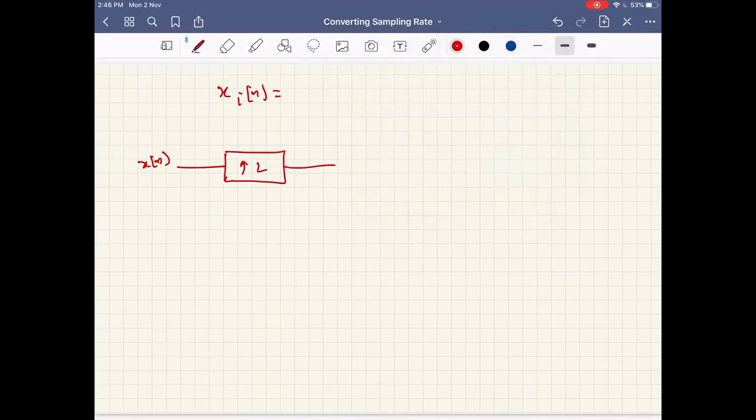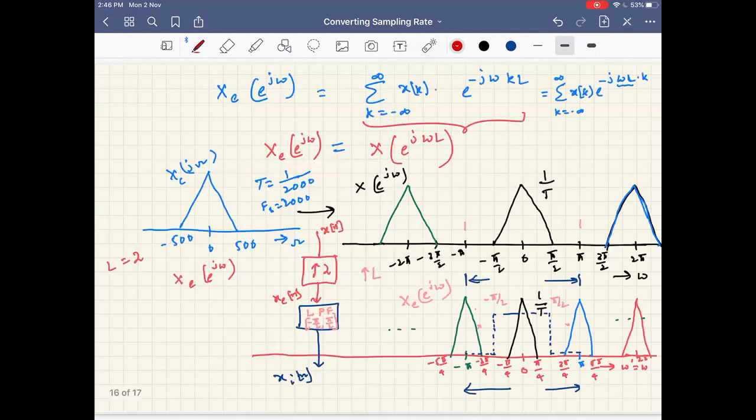Once you upsample, the spectrum gets compressed, and in addition to the spectrum in the minus pi to pi range, the spectral components from around 2 pi and minus 2 pi also appear in the minus pi to pi range in the expanded signal or compressed spectrum, right?